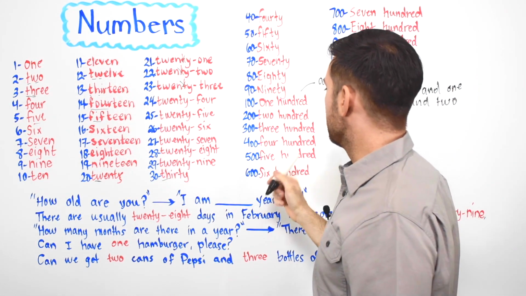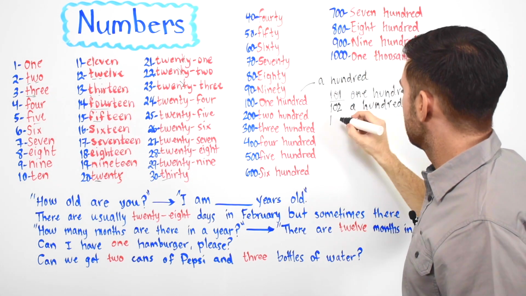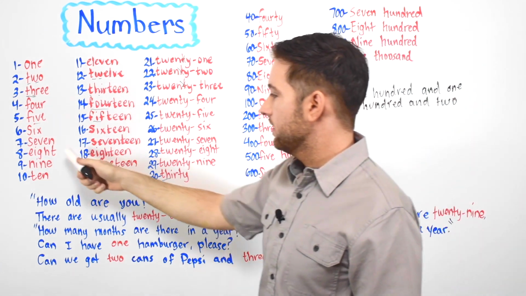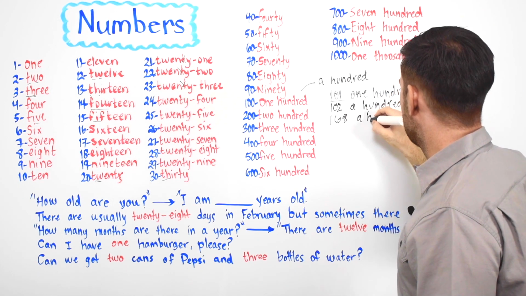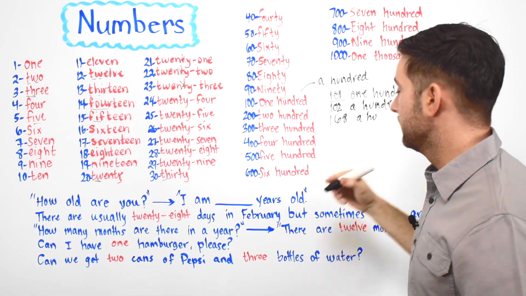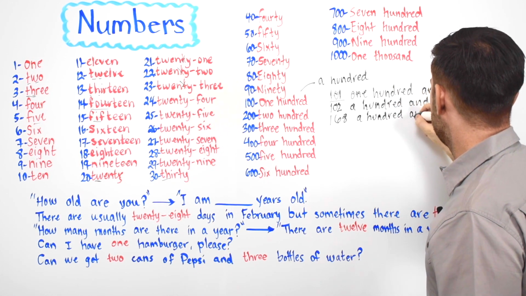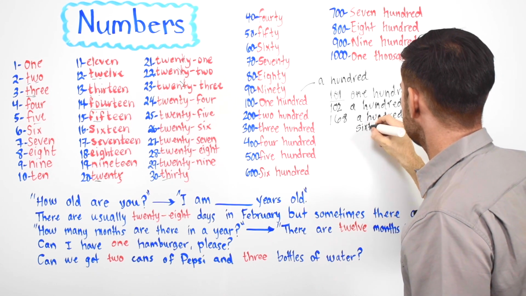We'll use another number, okay? Let's do 100 and we'll take 60. And then we'll say 168. Okay, so we'll say one hundred or a hundred. And I'll put it here, 60.